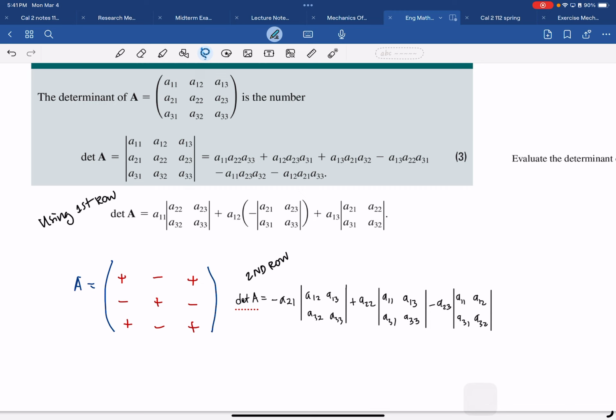So that's how we can choose. It's not always the first row. We can choose the first row, second row, or third row, depending on our preference, maybe if you prefer a short calculation. But don't forget the signs. They follow a pattern.